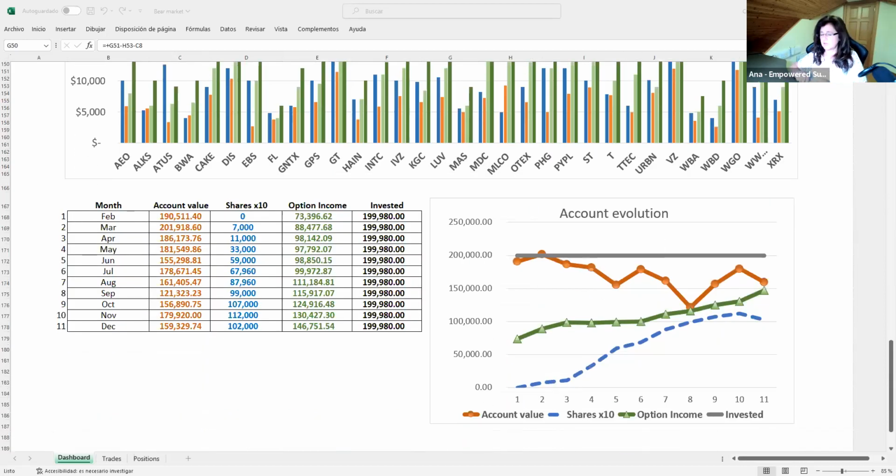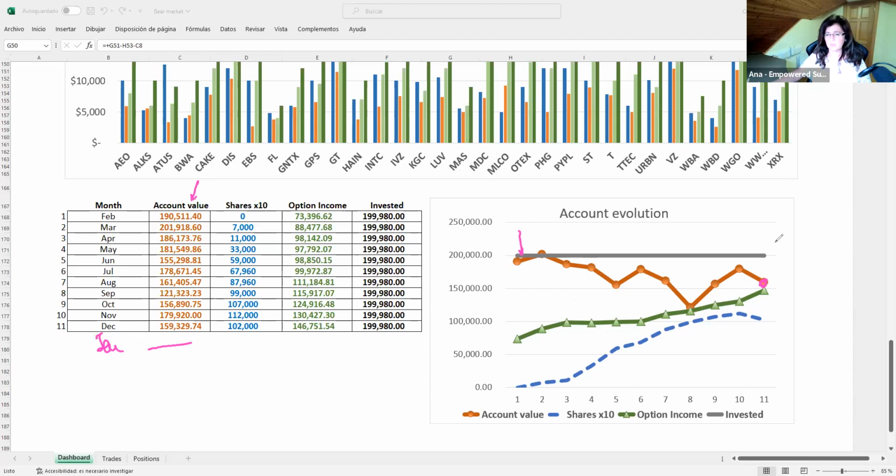And this is a summary. Account value, the history of the account value, and this is the money invested. We can see here that there's a loss on paper because the last month of January has not been included here, and this is only showing ended months.